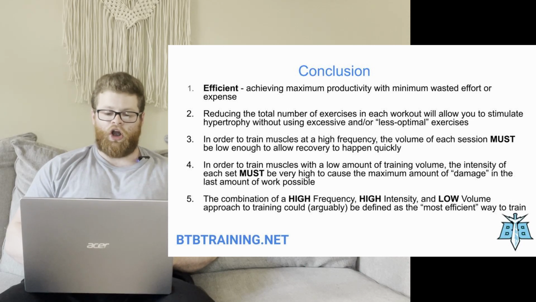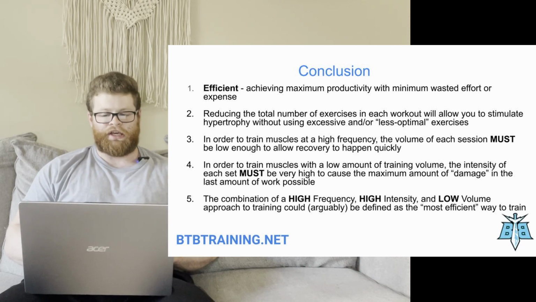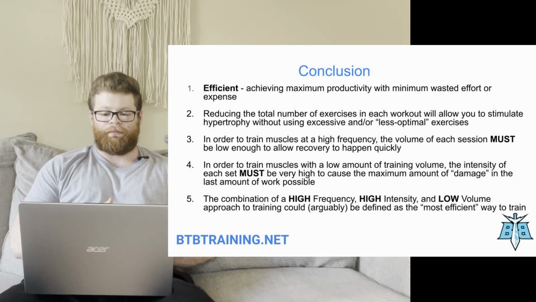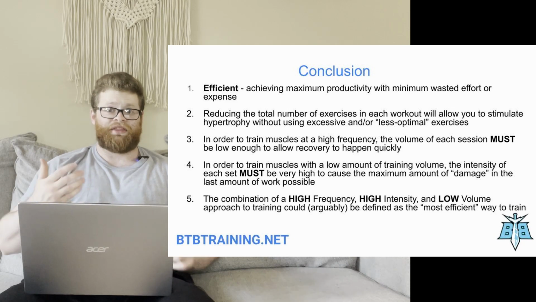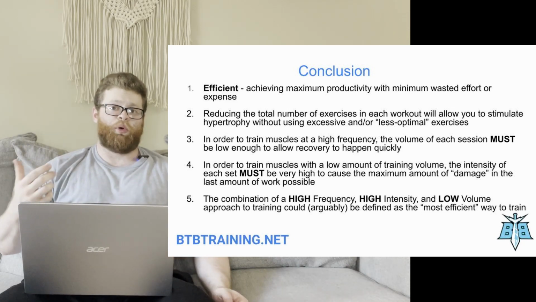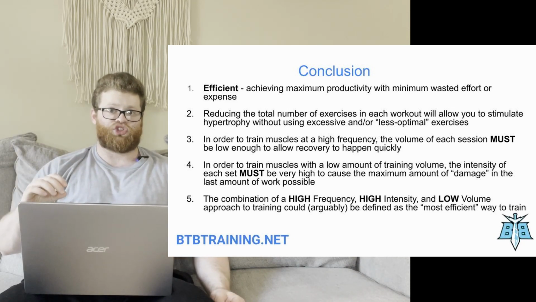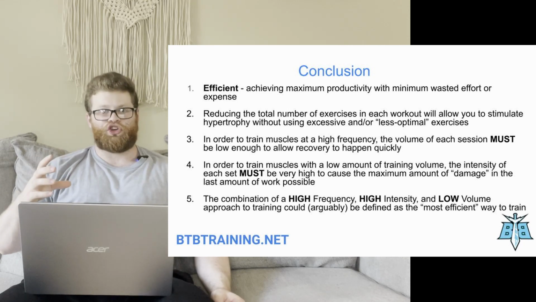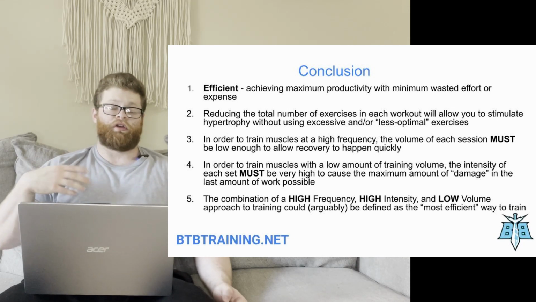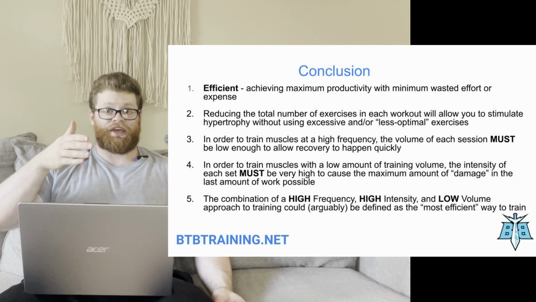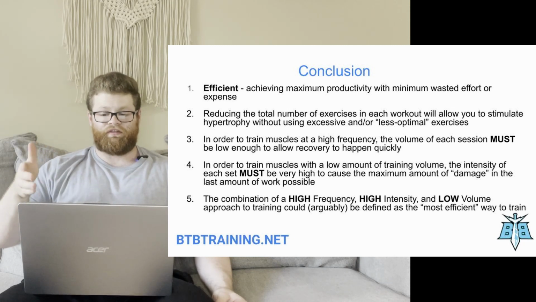In order to train our muscles at a high frequency, the volume of each session must be low enough for the recovery to happen quickly. And so that was one of the main things that I talked about in my third point, reducing the amount of total training volume, which is going to allow recovery to happen quicker so that we can train the muscle more frequently.